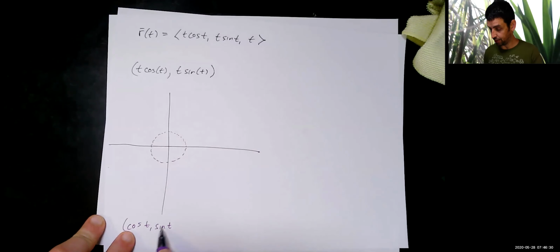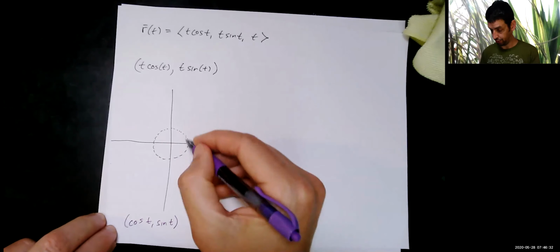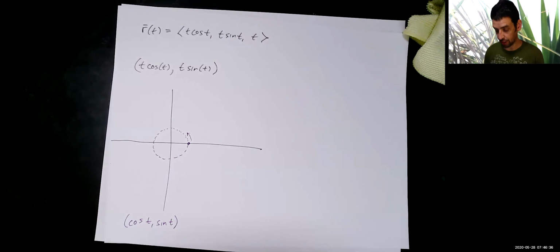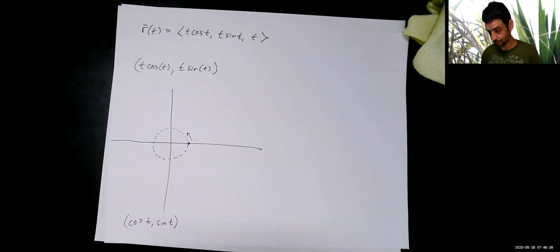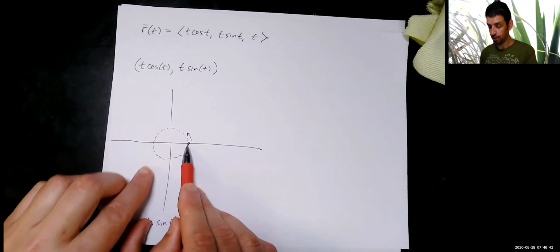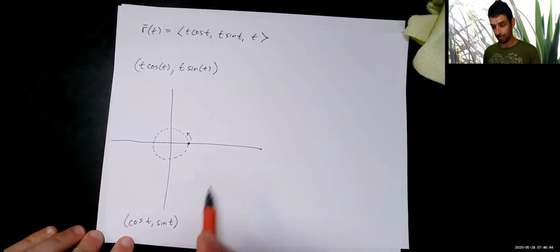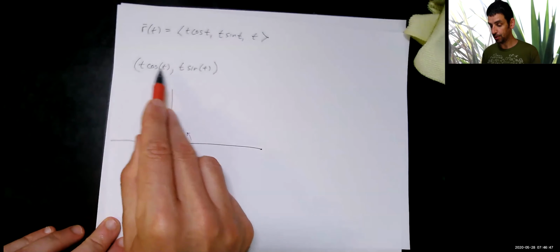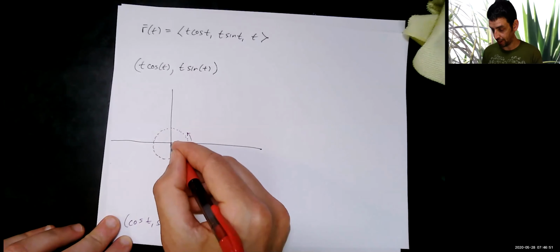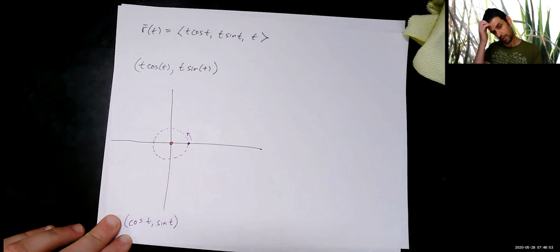When t equals 0 for these equations, we start right here and we move in this counterclockwise direction, right? So what's going to happen? When t equals 0, if we had this set of parametric equations, we'd be out here, but we're multiplying x and y by 0, so this x coordinate of 1 becomes an x coordinate of 0, right?